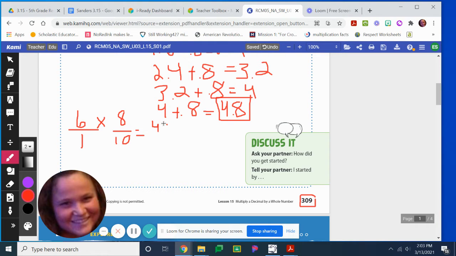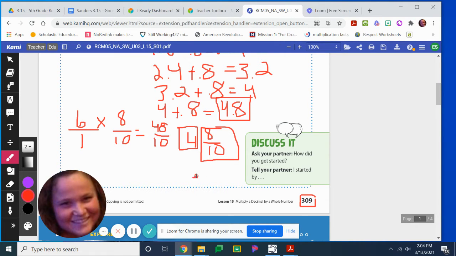So 48 divided by 10, and we all know when we're dividing things by 10, we can move our decimal over one place value to the left, or we can think to ourselves, well, 10 goes into 48, ready? 4 whole times. There's 8 left over 10. This is telling me that in decimal form is 8/10.